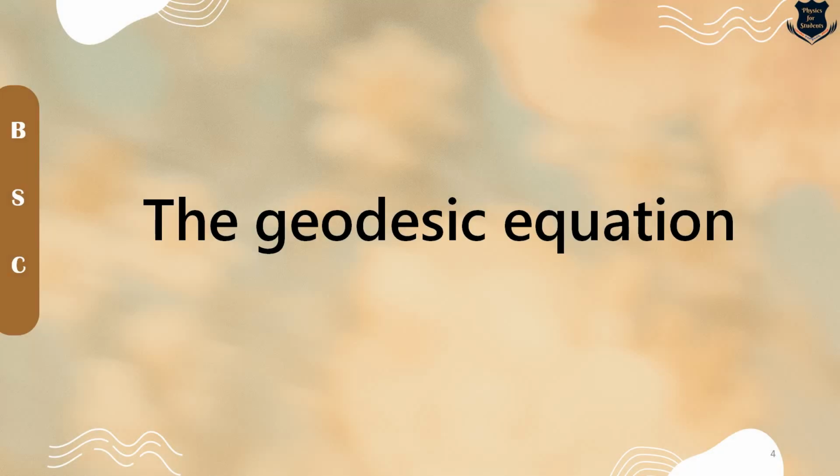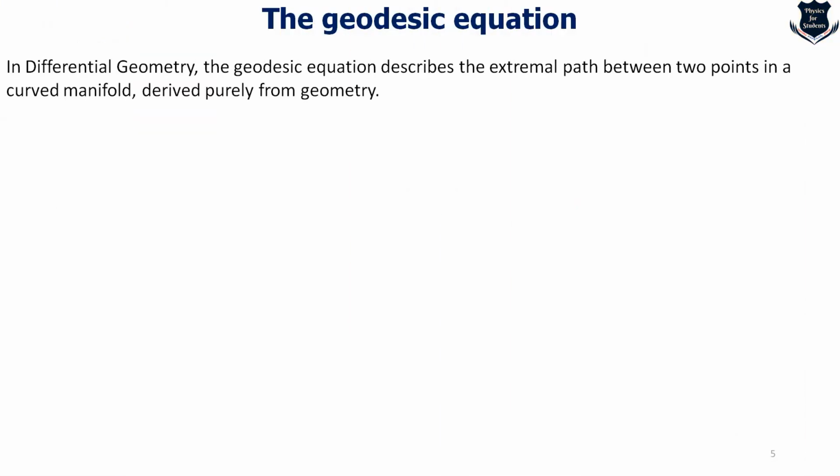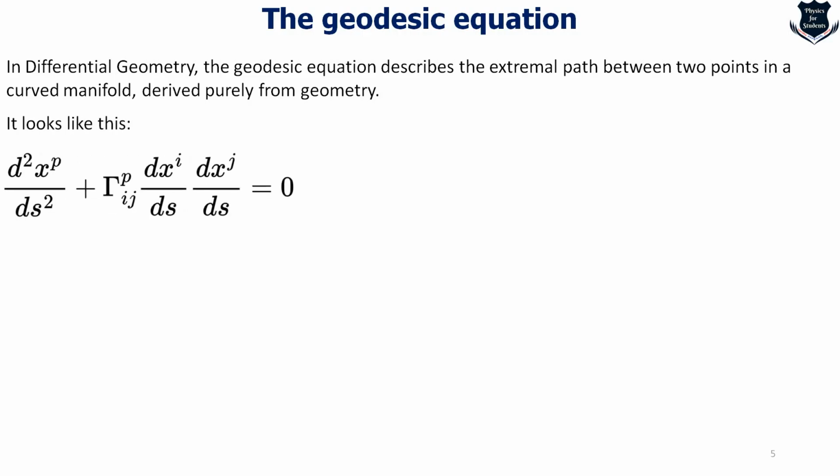Now we go ahead and understand what is called the geodesic equation. As I told you, it describes the extremal path between 2 points in a curved manifold, which is derived purely from geometry. There are different formats and different indices which come up when you are learning geodesics.